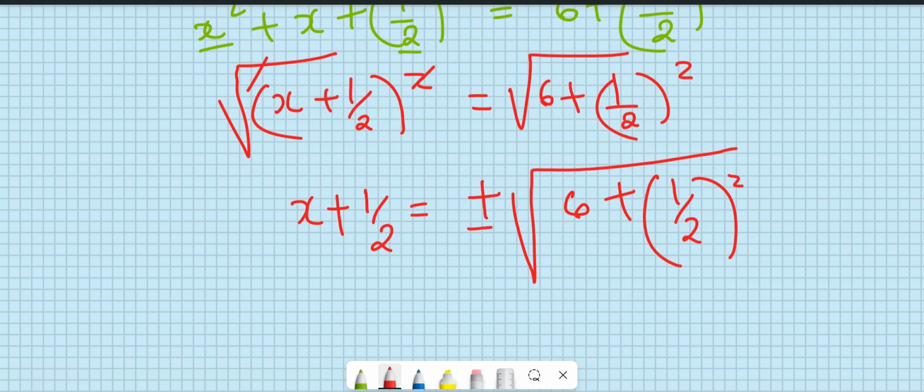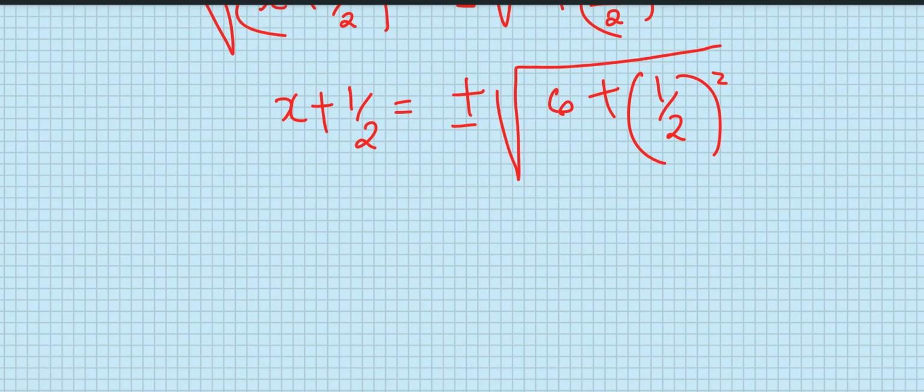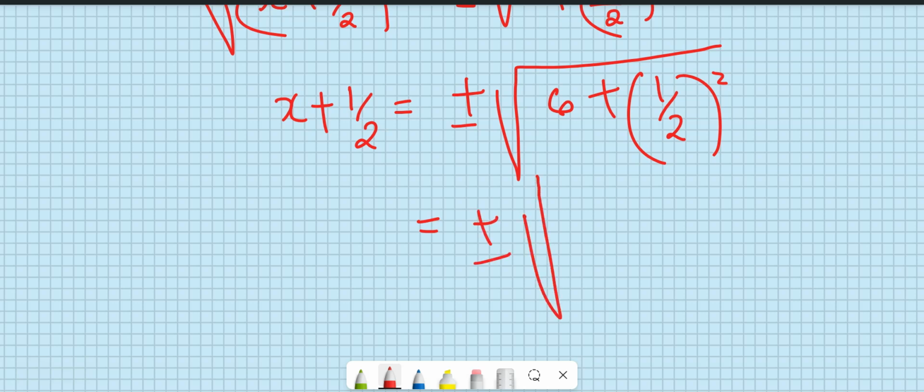So now let's solve whatever is inside. So 6 plus a half squared, which is 0.25. So this becomes plus or minus the square root of 6 plus 0.25.